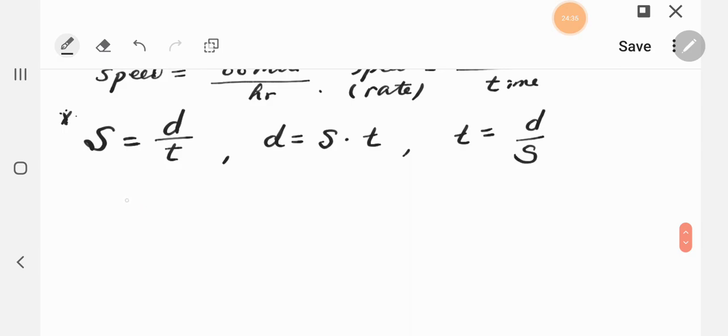Or you can do it this way. Write DST in a triangle and draw a fraction bar like this.